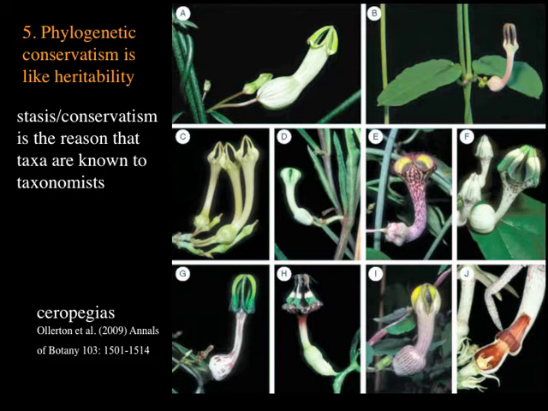And that's rather different than a character that is not very conservative. A not very conservative character would probably be the amount of nectar that's produced, because then you can have regular, old, ordinary natural selection that's increasing and decreasing the amount of nectar that's produced depending on what the pollinators are that generation or that set of generations.